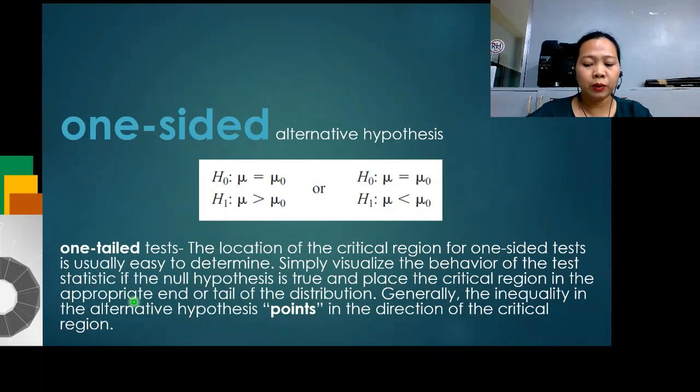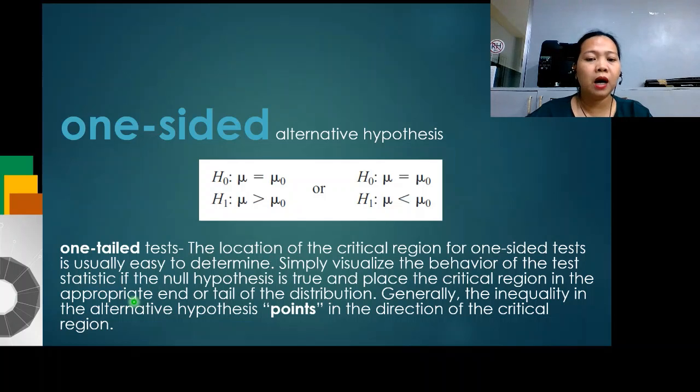Okay, so in determining the beta, remember that we have to have a specific alternative hypothesis. This is why we have to study one-sided alternative hypotheses. So you cannot have H sub 1 is not equal to certain values, diba?